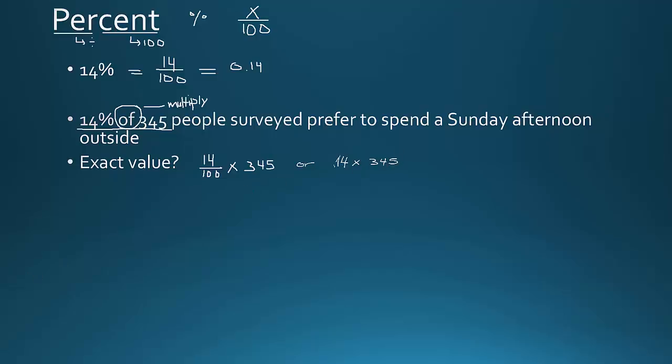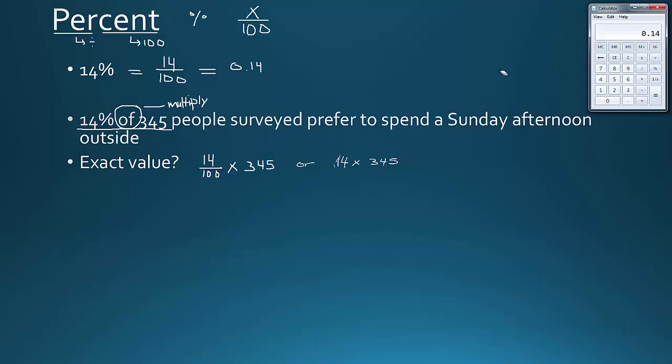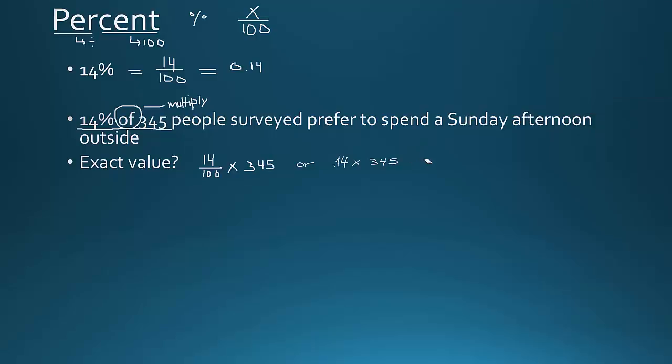So I can go to my calculator and figure that number out. I already have my decimal typed in that we got from taking 14 divided by 100, and I just take that and multiply times 345. Hit equals. So the exact value is 48.3.